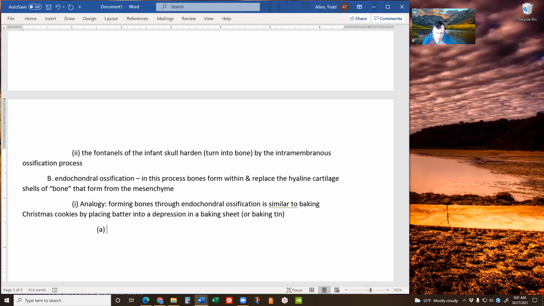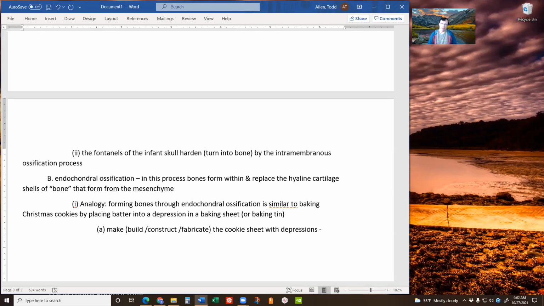The first thing that has to happen here is we need to make the cookie sheet. So we need to literally build, we need to construct, we need to fabricate the cookie sheet with depressions.